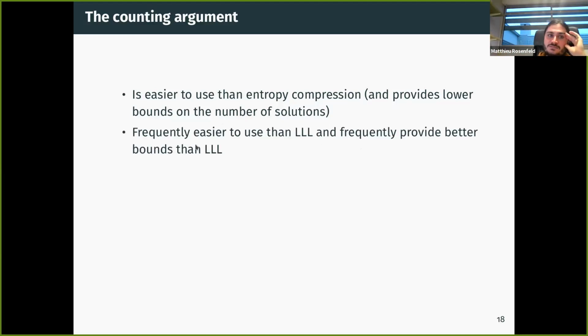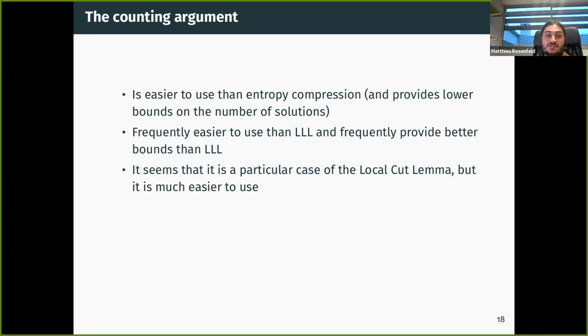There are many instances where it's easier to use than the LLL, and in particular, it's easier to optimize. People who know how to use the LLL usually know how to optimize the different variables that you need to optimize, but in my experience it's usually easier to optimize here, at least in the instances where I tried to apply it. And in some settings, it gives better bounds.